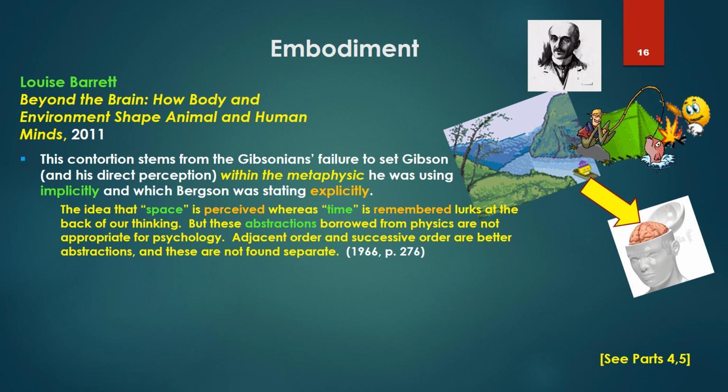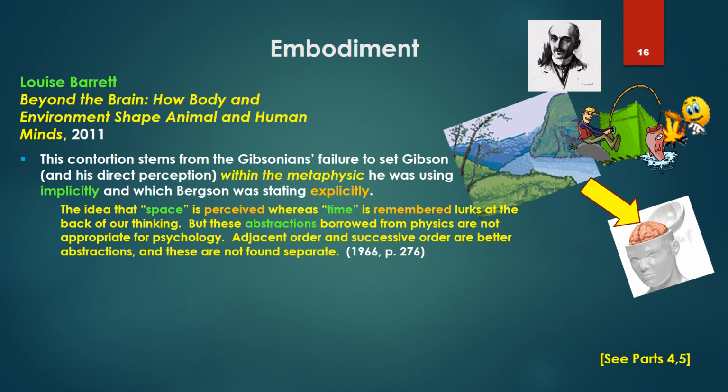Remembering Bergson trashed the classic metaphysic, the spatial metaphysic. One can find this sprinkled in Gibson's books. For example, this little quote here: the idea that space is perceived, whereas time is remembered, lurks at the back of our thinking.